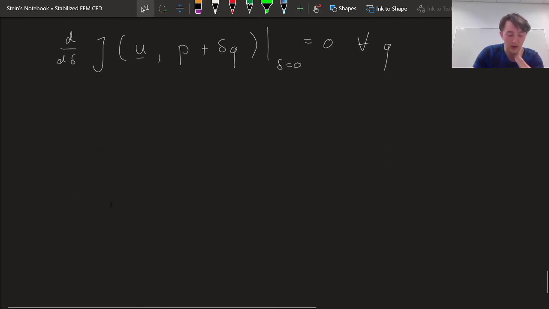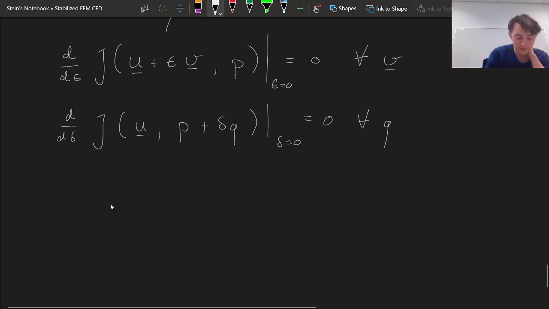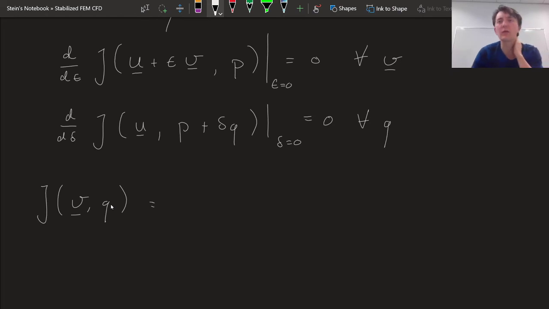Now what was J? Let me just repeat it over here, for some arbitrary set of functions v and q. And let me take the particular choice of body force being equal to 0, and we also don't have attraction, just for simplicity. So then we had this.